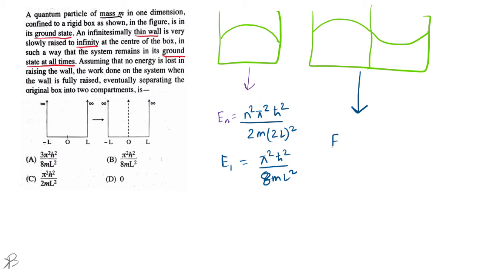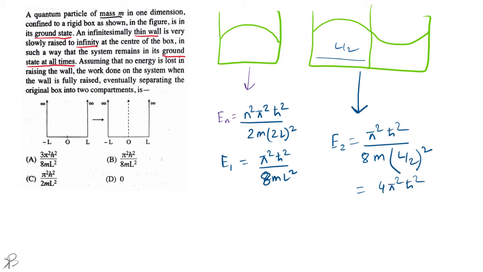So E2 will be pi squared h cut squared by 2m, where now the length is L by 2 squared because the potential wall is at the center, which will become 4 pi squared h cut squared by 2 m L squared.